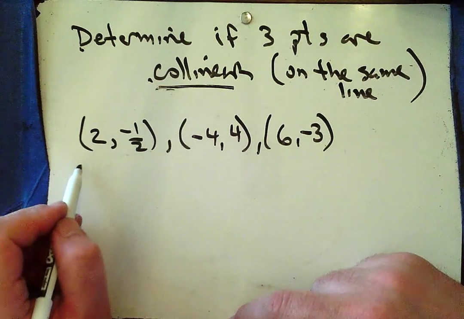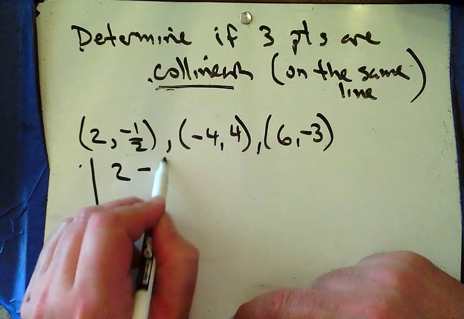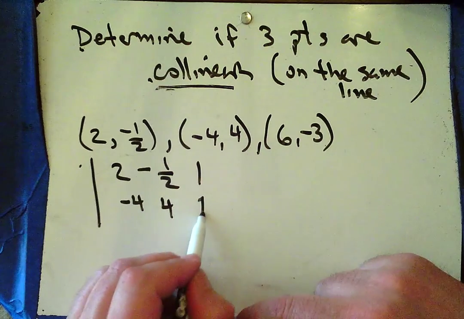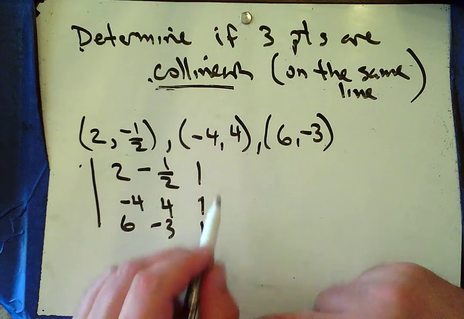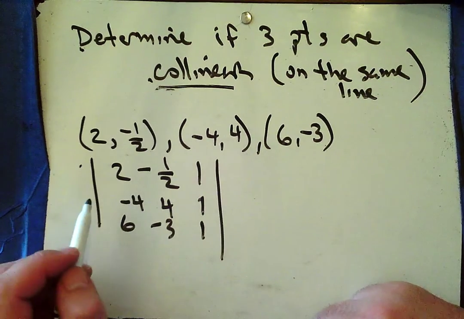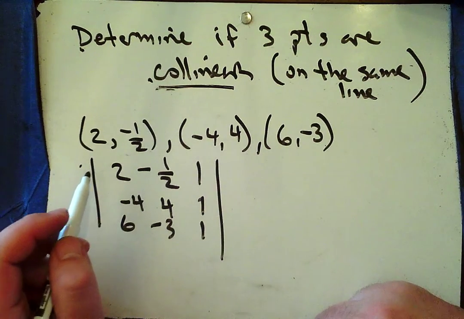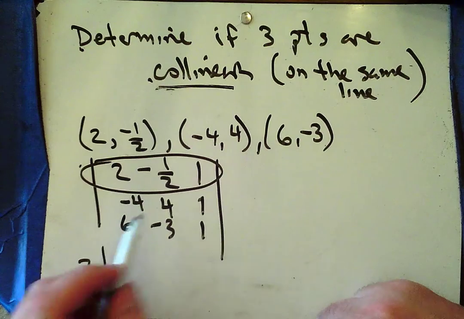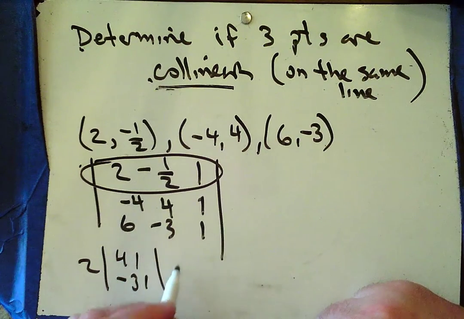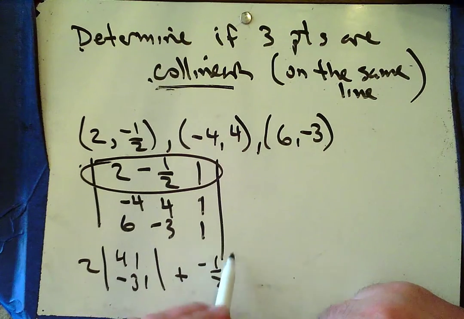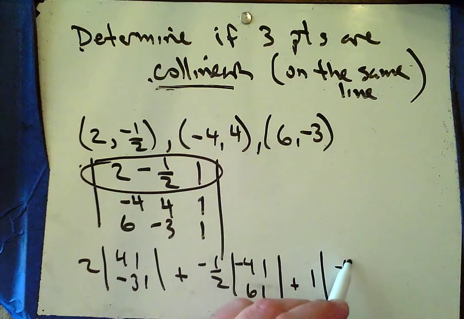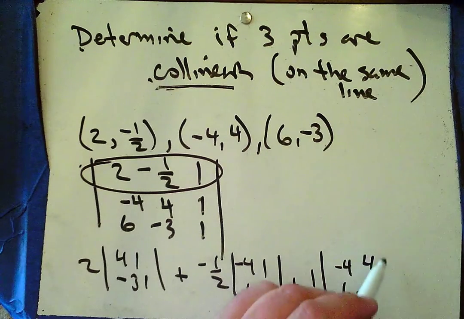So welcome back. I know that the determinant made from 2, -1/2, 1, -4, 4, 1, 6, -3, 1 should be equal to 0 if these points are collinear. So let's try. I'm going to expand along this row. 2 times the determinant of 4, 1, -3, 1, plus -1/2 times the determinant of -4, 1, 6, 1, plus 1 times the determinant of -4, 4, 6, -3.